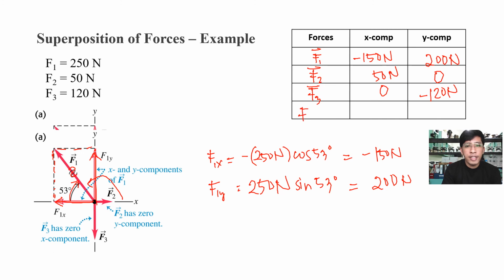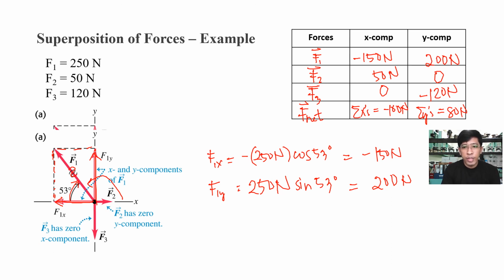So your F net, or your resultant force, or your R, let's just call this one your F net. This is equal to the sum of your x's. That is negative 150 plus 50, so you have negative 100 newtons. And for your y, this is the sum of your y's. You have 200 plus negative 120, that is 80 newtons.